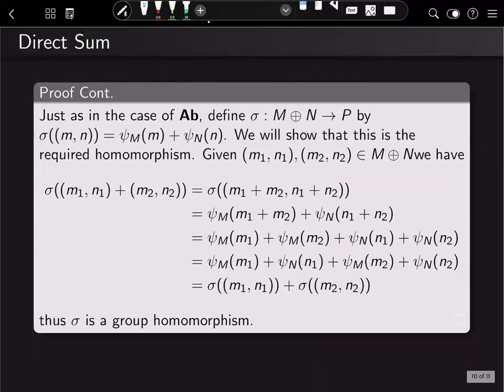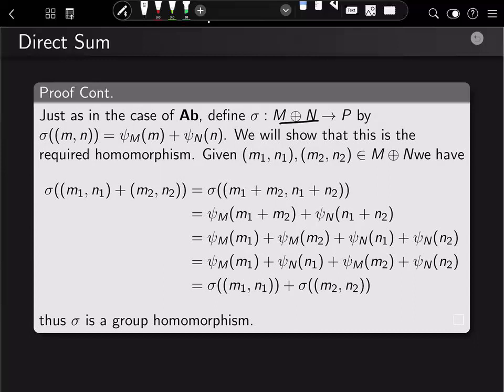So in order for this to satisfy the definition of coproduct, we define sigma that maps our direct sum onto P by sigma of (m, n), an element of the direct sum, maps to psi sub m of m plus psi sub n of n.